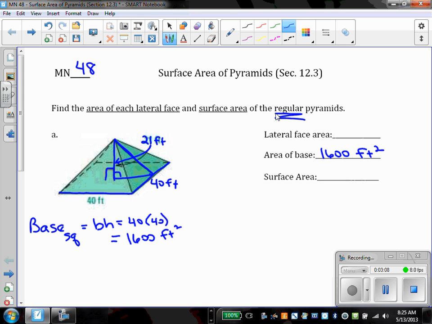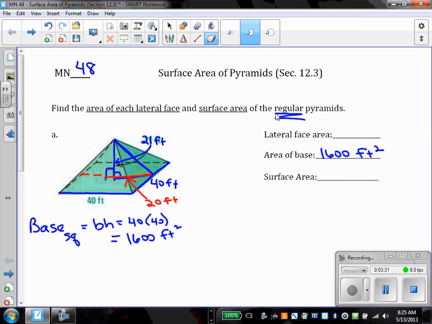If you come back here in the middle of this square, and you cut across it, that is also 40. Well, this length from here to here is half of that length, so this length right here is 20 feet. So it's half of the length of the square.